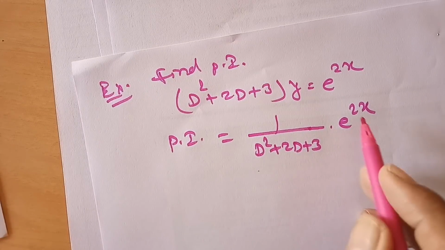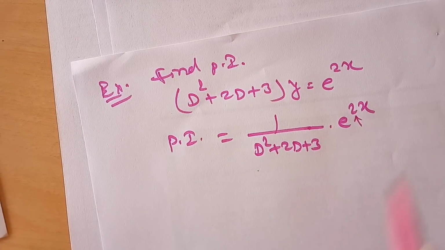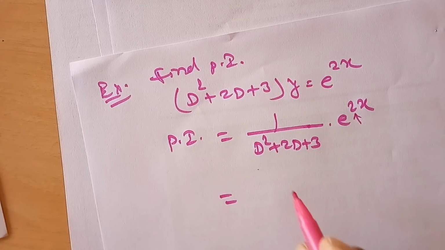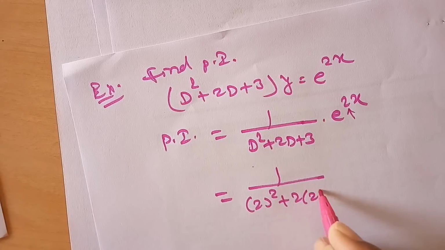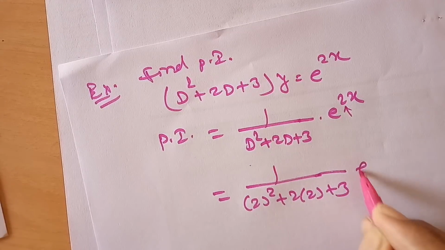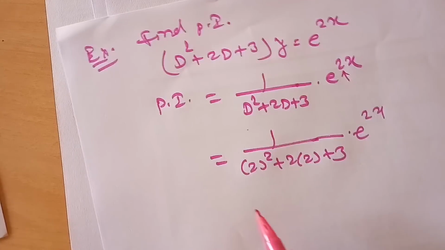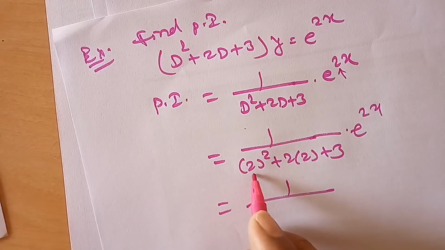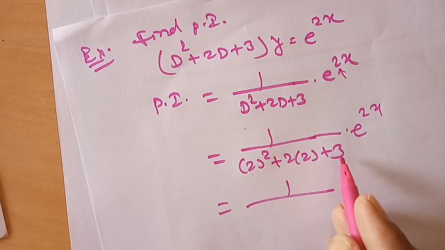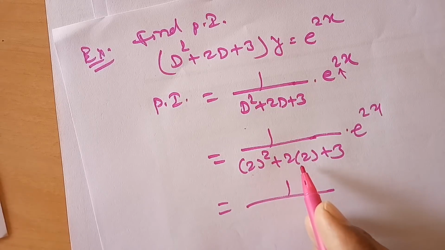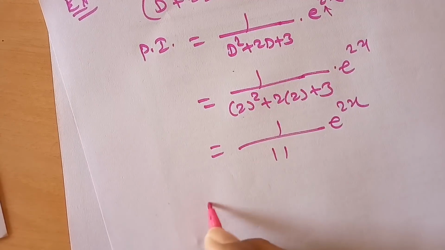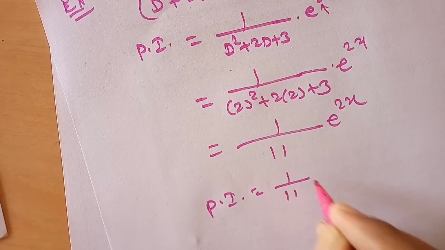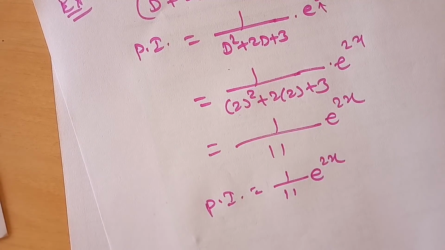Again, the right hand side is e raised to power 2x, so this is our constant a. Now we have to replace D by the constant 2. That is 1 upon 2 square plus 2 into 2 plus 3, into e raised to power 2x, which is equal to 1 upon 4 plus 4, 8, plus 3. This is 11, e raised to power 2x. So PI is equal to 1 upon 11 into e raised to 2x. In this way, we can find our PI.